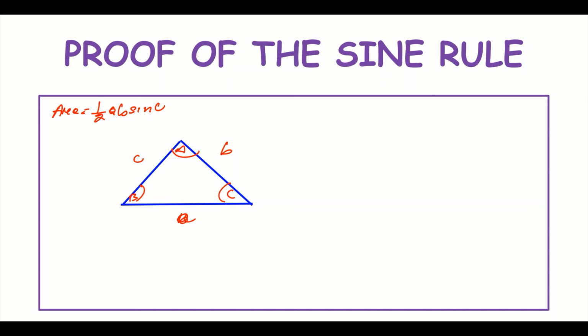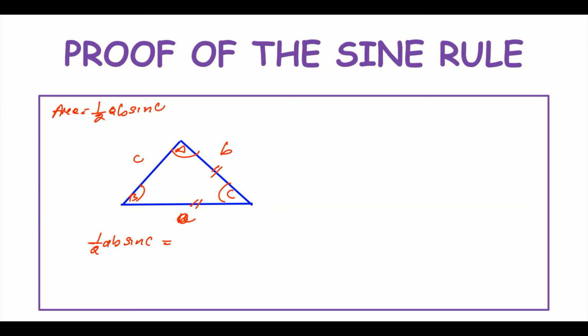Now, we know how to use this formula, right? So if I'm going to use sine C, I have to use the two sides that surround sine C. So the two legs for sine C would be A and B. Therefore the area would be half AB sine C. And we know that area is equal to area.